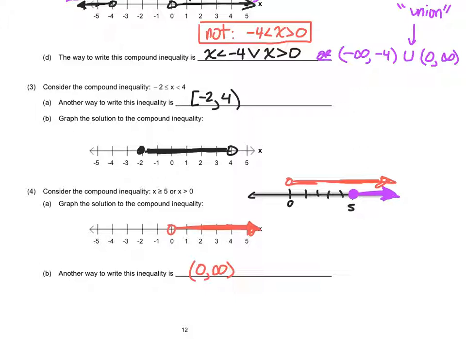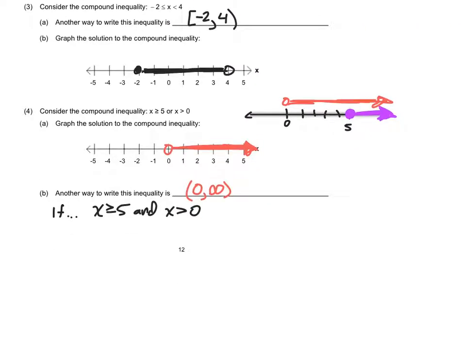Now, just to kind of steal my own thunder a little bit, if the question said x is greater than or equal to 5 and x is greater than 0, all right, so x is greater than or equal to 5 and x is greater than 0.